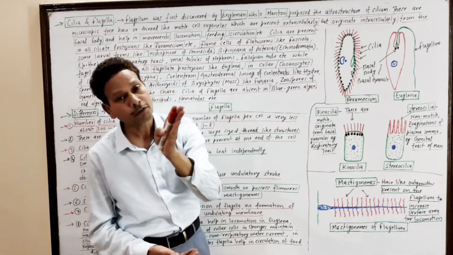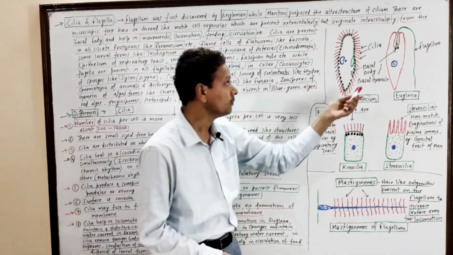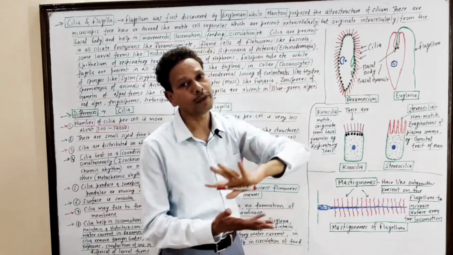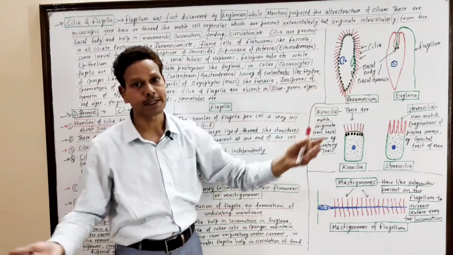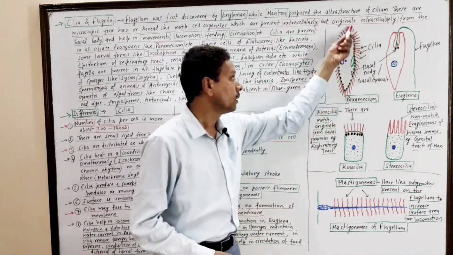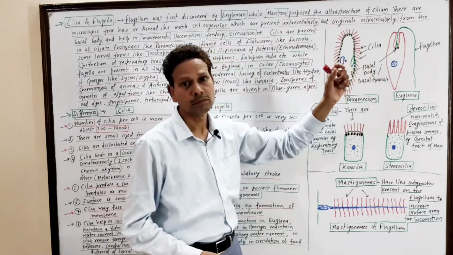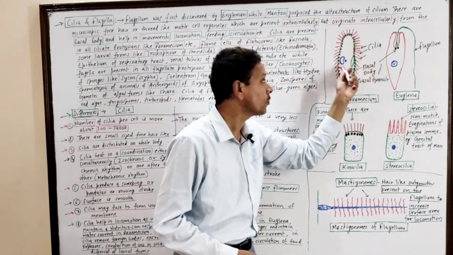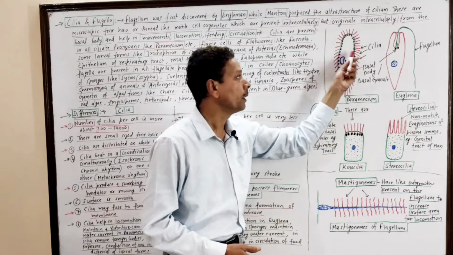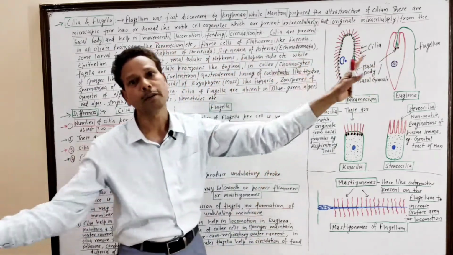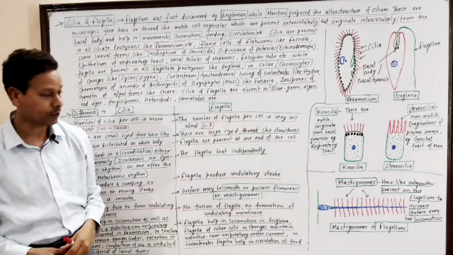One cilium beats after the other. But these flagella always show independent movements. It means the beating of cilia shows coordination, but the beating of flagella is independent, without any coordination.